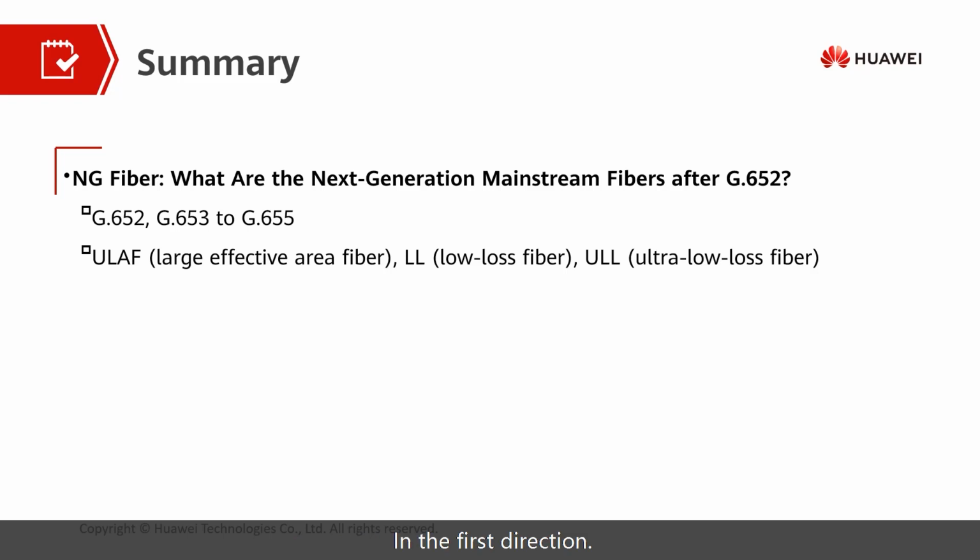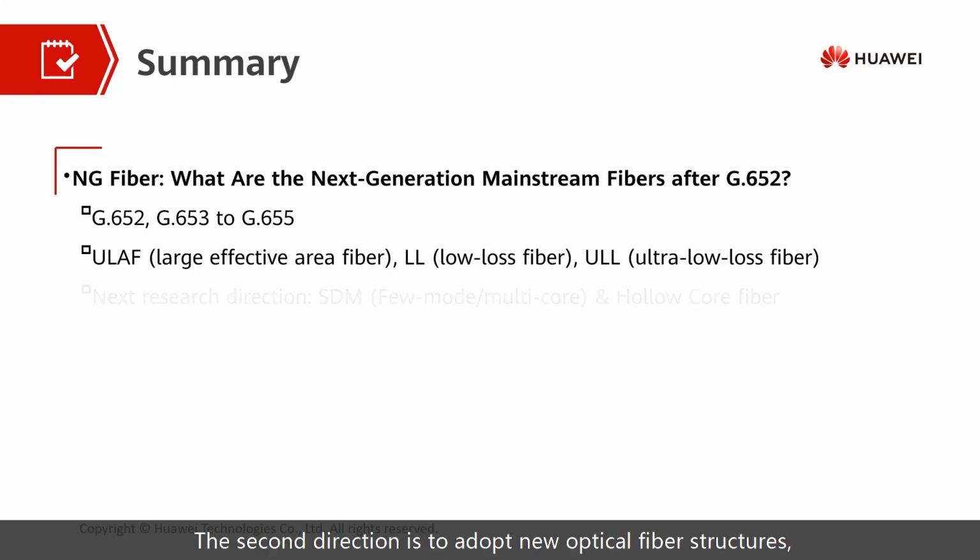In the first direction, on the basis of current optical fibers, we will continue to make efforts in manufacturing processes to reduce loss and nonlinear effects. For example, low-loss optical fibers, ultra-low-loss optical fibers, and large area optical fibers. These are the evolution direction in the short term.